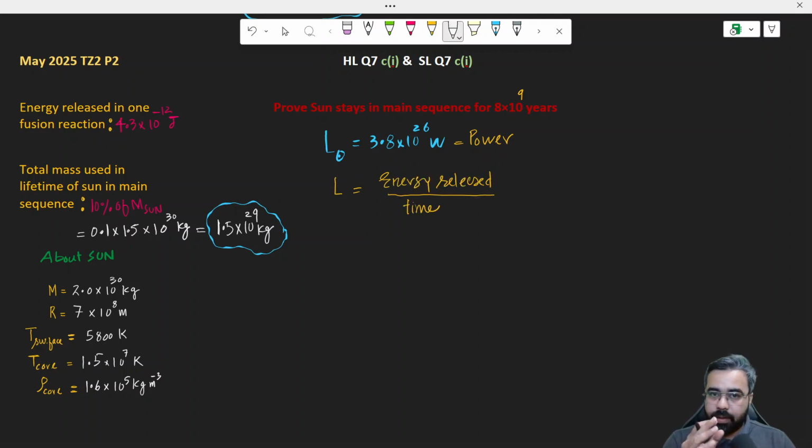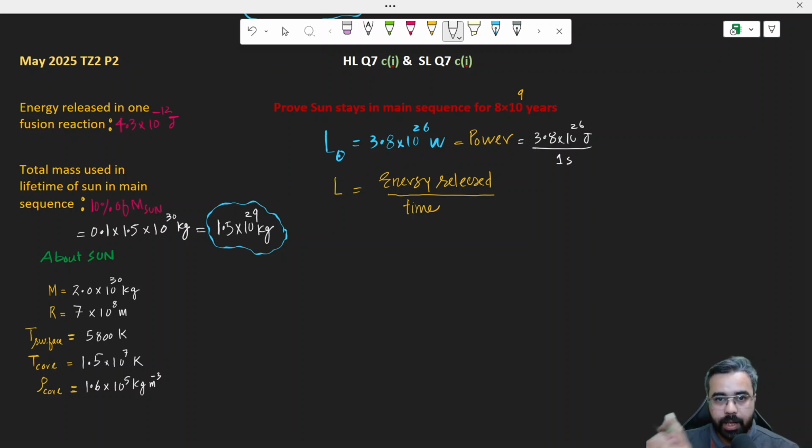So I will tell you a very easy and logical method. It will eradicate all the confusion. This power is equal to 3.8 times 10 power 26 joules in 1 second, right? So how much mass is consumed in 1 second, which is producing 3.8 times 10 power 26 joules?